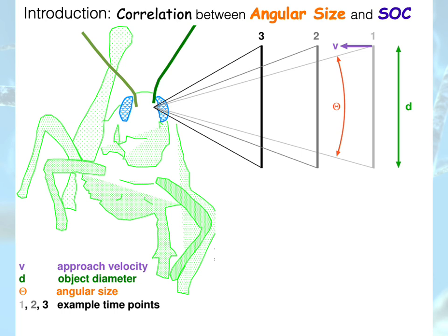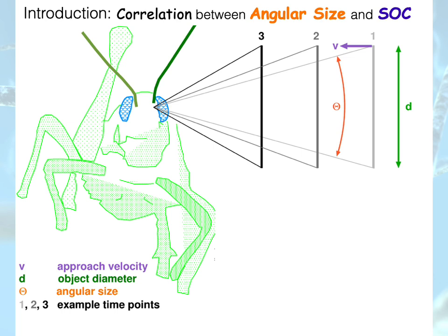The drawing shows an object of size d at 3 different distances from the locus, labeled by 1, 2, and 3. And the fact that you see the object bigger when it's closer is related to the visual angle that the object projects onto your retina. A big visual angle means that the object is close, while when it's small, it means that it's far away.